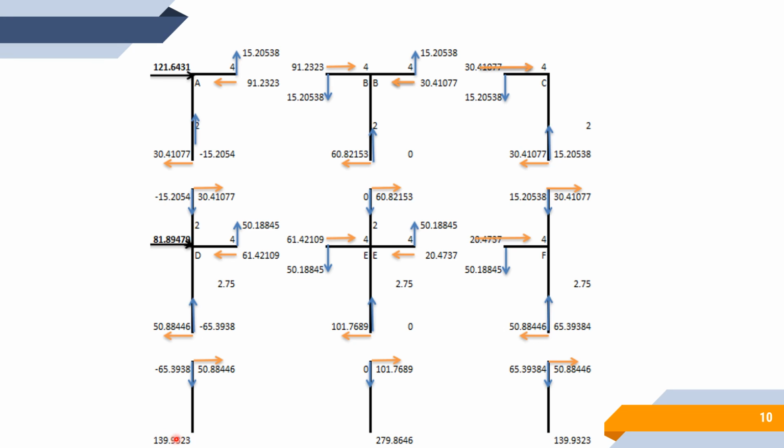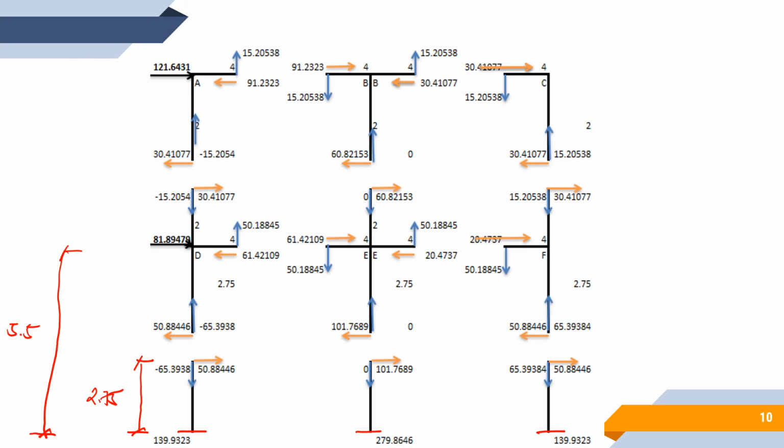And these are computed by multiplying this force or horizontal shear of each of the column by the moment arm. And the moment arm is equal to, this is the moment arm. Okay, so these are the base of our column. This is the moment arm, and that is equal to 2.75. That is the mid height of my column in this level.